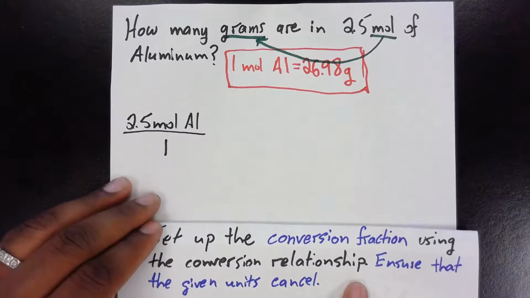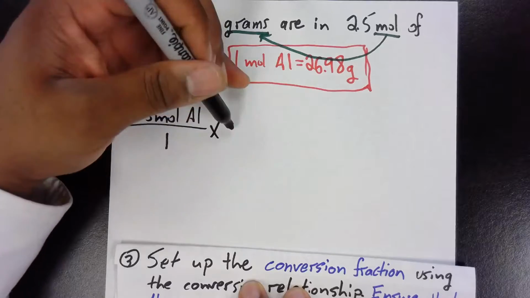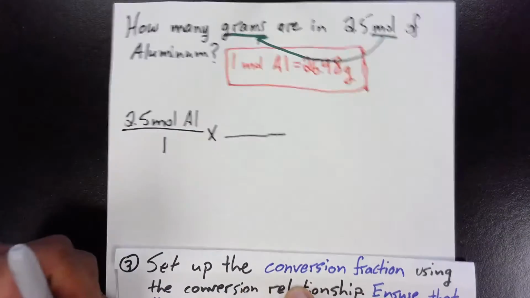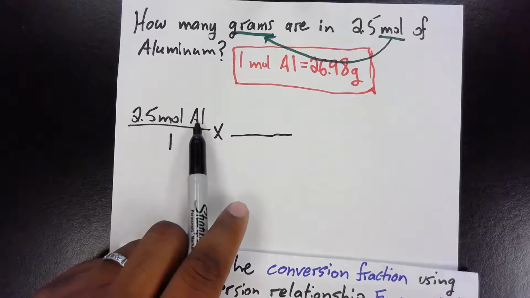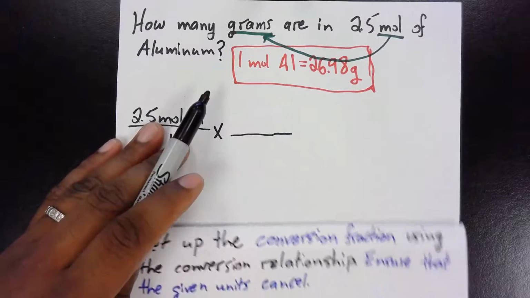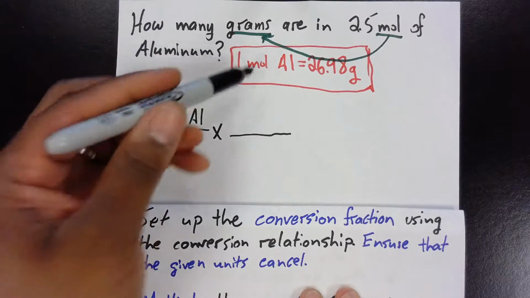Here's what that means. I'm going to multiply by a fraction that's going to convert between grams and moles. I'm using this relationship. I have 2.5 moles on top, and if I want to ensure that the given units cancel, I need to make sure that I put moles on the bottom.